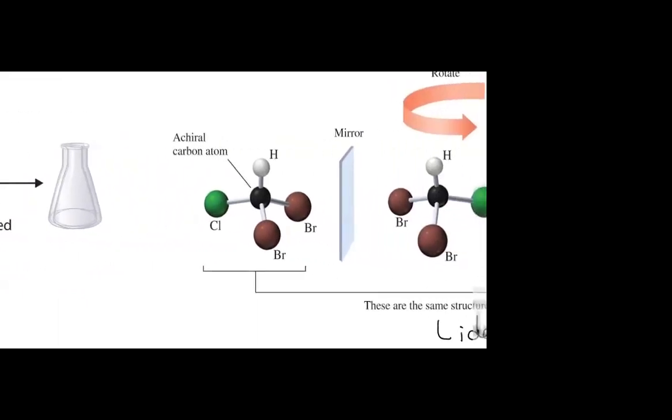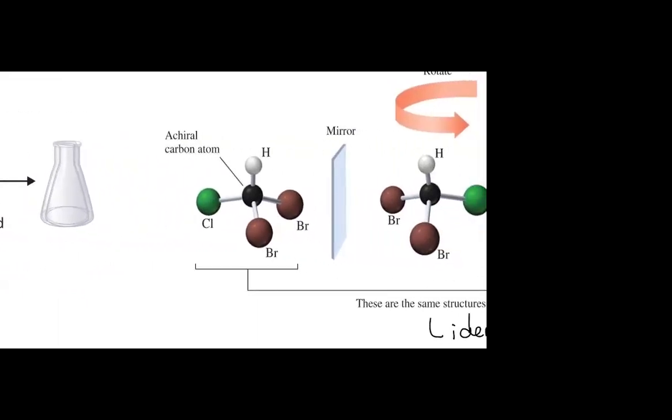Similarly, as I just mentioned, if you start with a molecule that is not chiral, the reason why this carbon is not chiral is because it has two groups that are the same. So if you have two groups that are the same, three groups that are the same, four groups that are the same, you're not a chiral carbon.